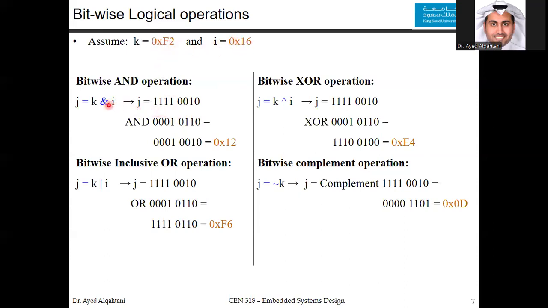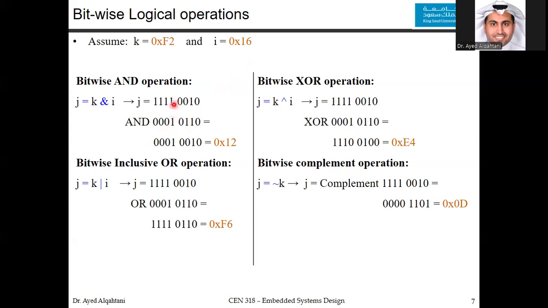So if you do the bitwise AND between I and K, this is the value of K, which is 2 and F, and here we have the value of I, which is 6 and 1 in binary.